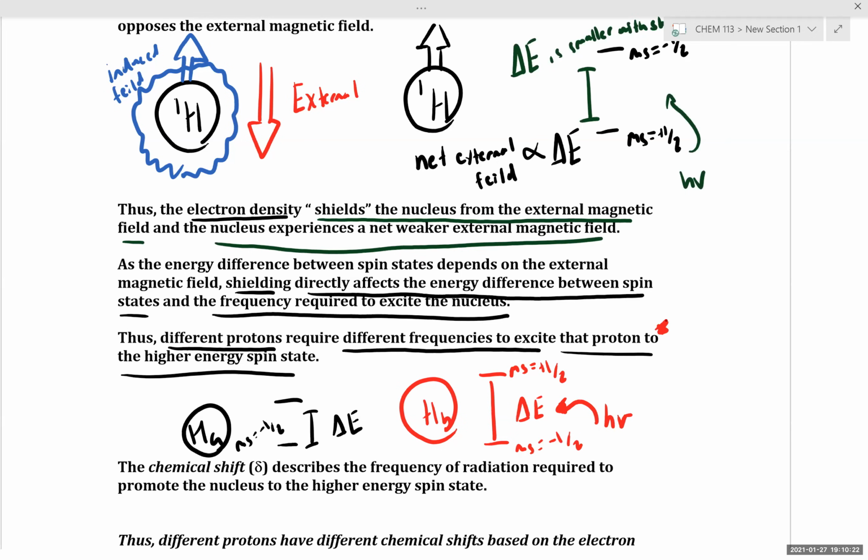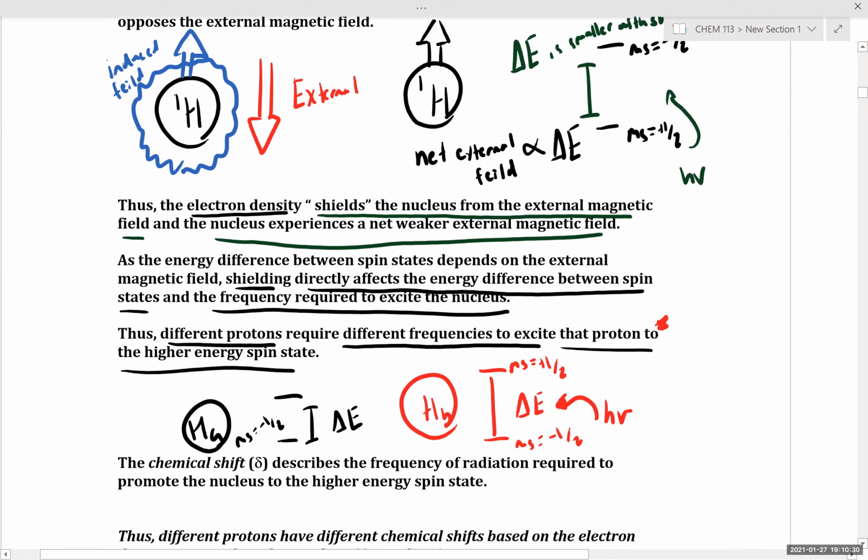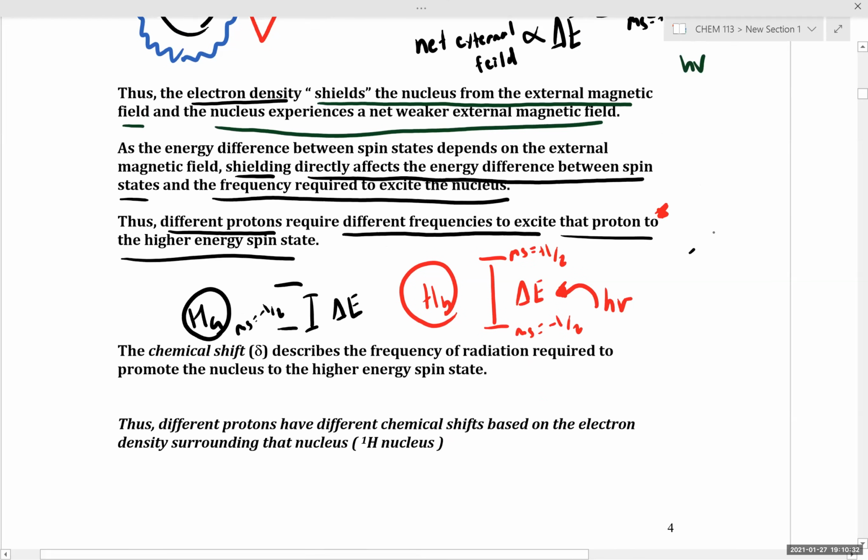Professor? Yes, please go ahead. I was just wondering, how can it be different if the hydrogen atoms are the same atom, if that makes sense? Yeah. So let's say, for example, we have a halogen adjacent to our proton, right?